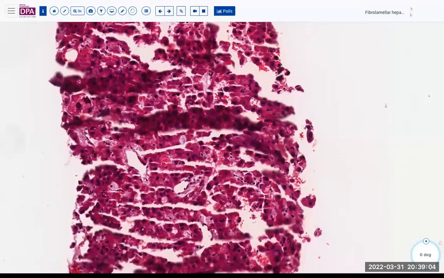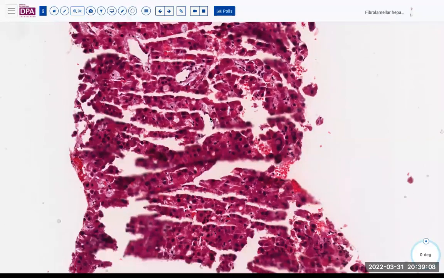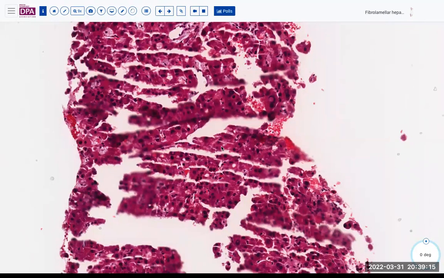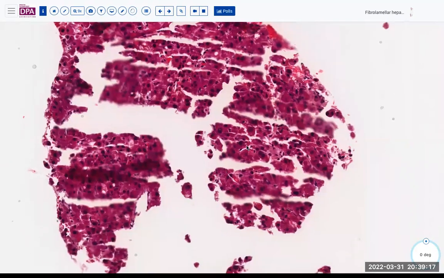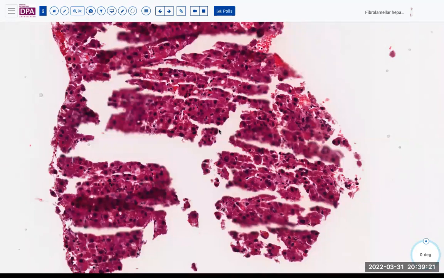Now, in this case, we don't have any normal liver tissue, so we can't say that the surrounding tissue is free of cirrhosis. But if we knew how old the patient was, that may help in steering us towards the fibrolamellar variant. We don't get a lot of fibrous tissue in this particular biopsy.